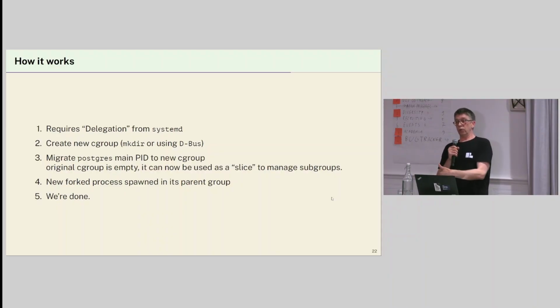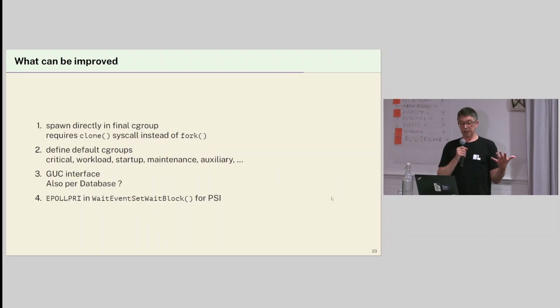You can name your own. We can do that in distinct ways. There is something to improve. I don't know what the good choices are yet. And also, maybe it will be interesting to get a GUC interface for all of that, and maybe offer users the ability to assign databases to some cgroup, so you can really define resource management per database, for example.